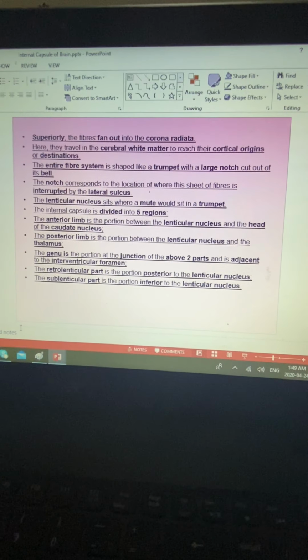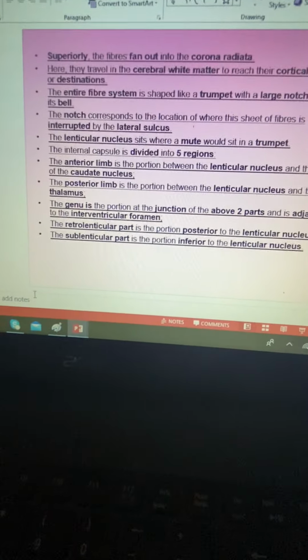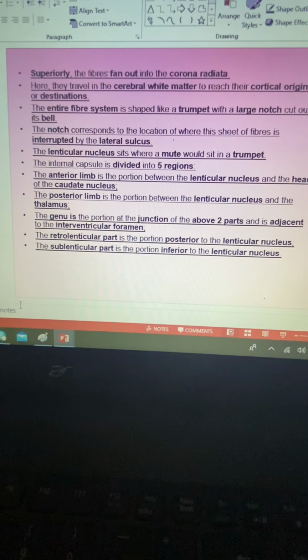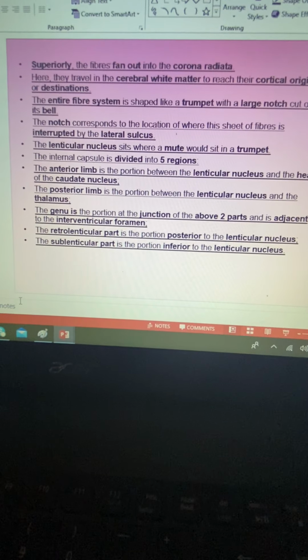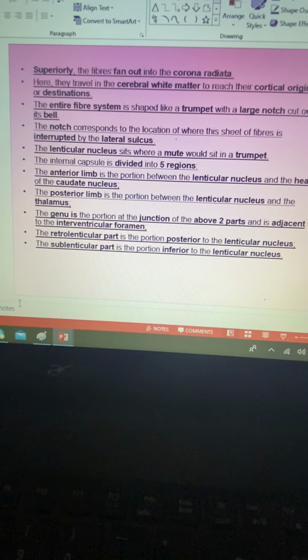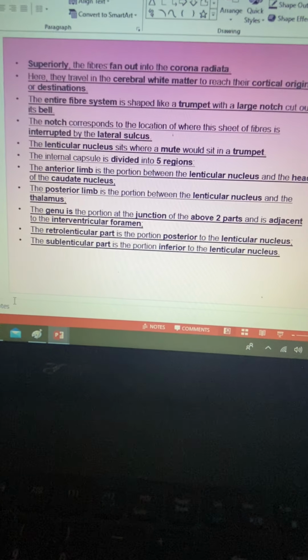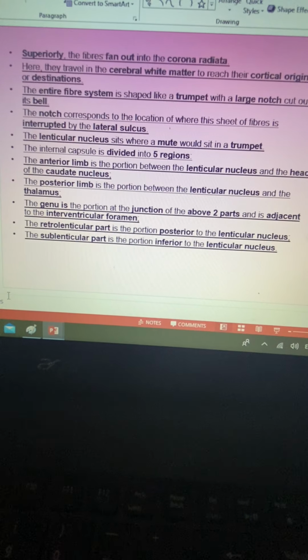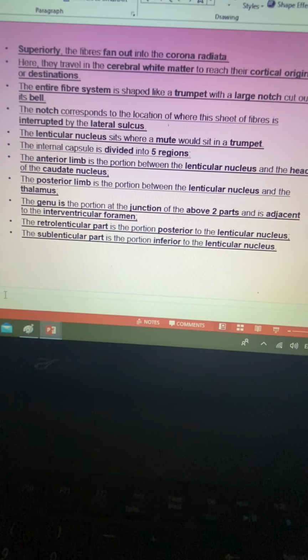I have explained its location. So now we are going to discuss the different parts of the internal capsule. The internal capsule consists of the anterior limb, that is the portion between the lenticular nucleus and the head of the caudate nucleus. Then we have the posterior limb, that is the portion between the lenticular nucleus and the thalamus.